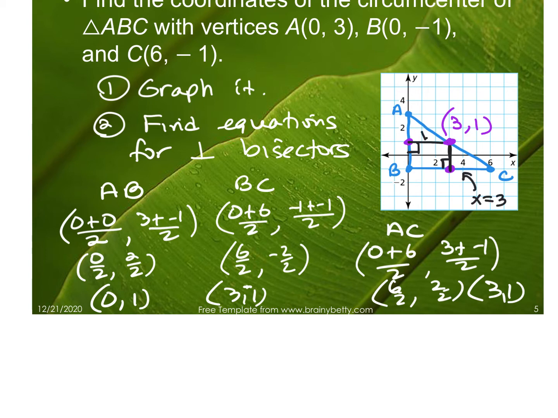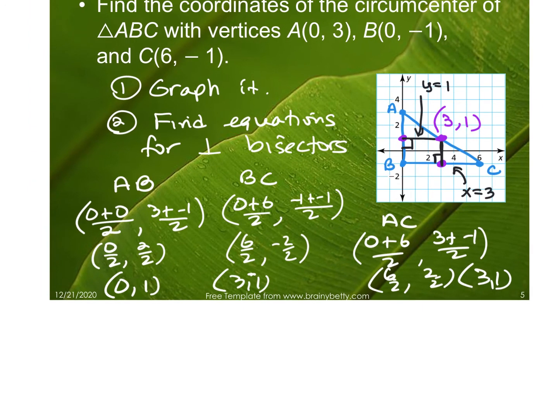And then this one right here is going to be y equals 1. So whenever it's a right triangle, it's super easy. And then you just find the point of intersection of those two lines, y equals 1 and x equals 3. And it's that ordered pair (3, 1).